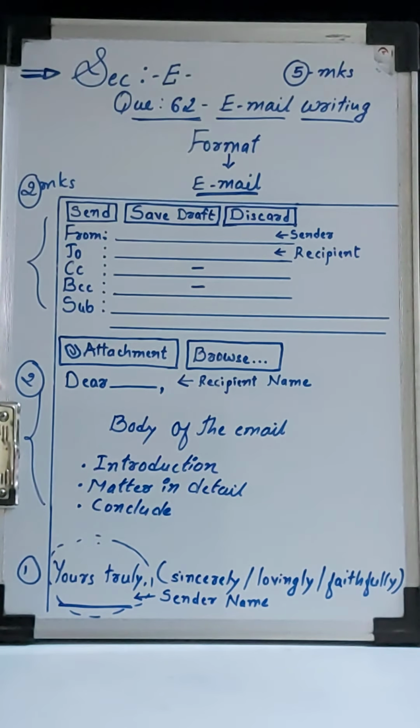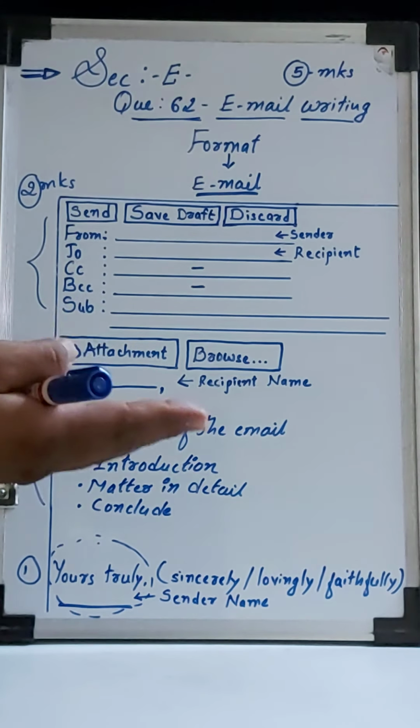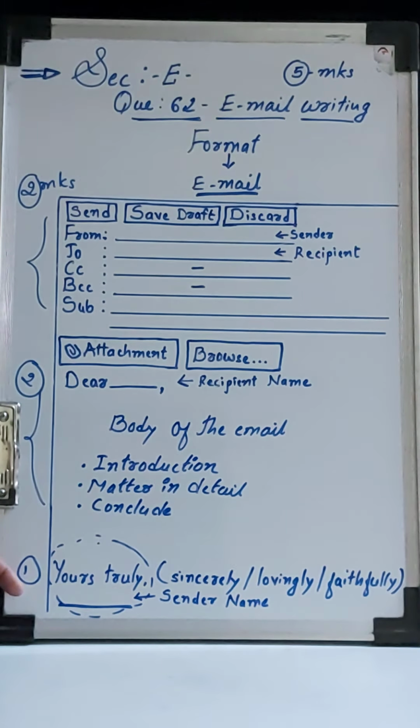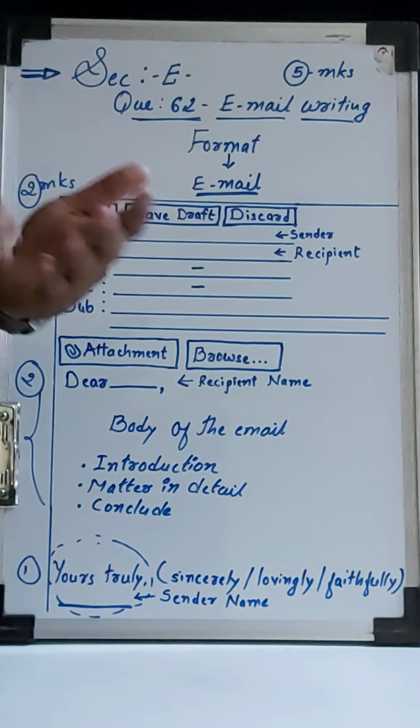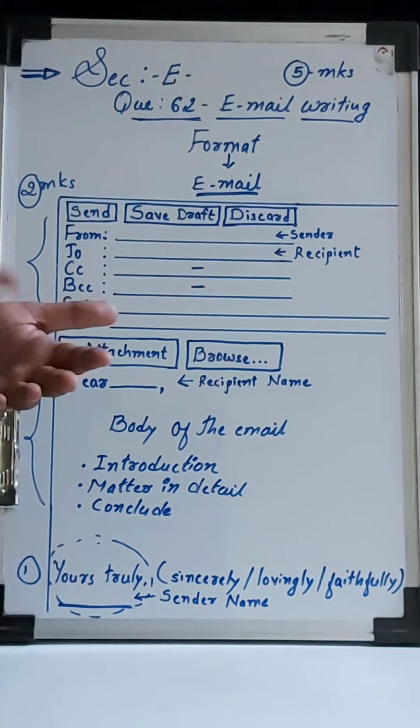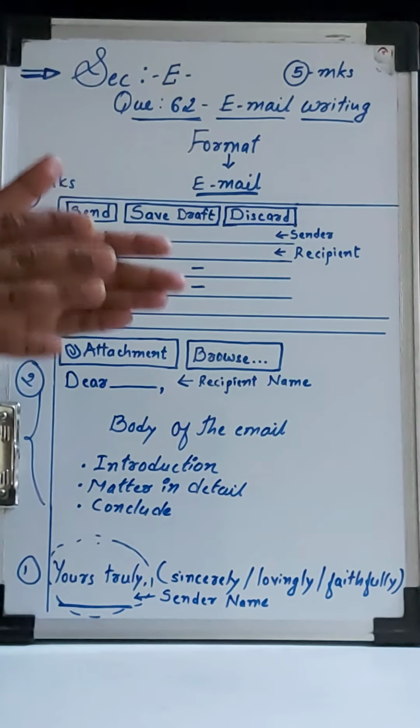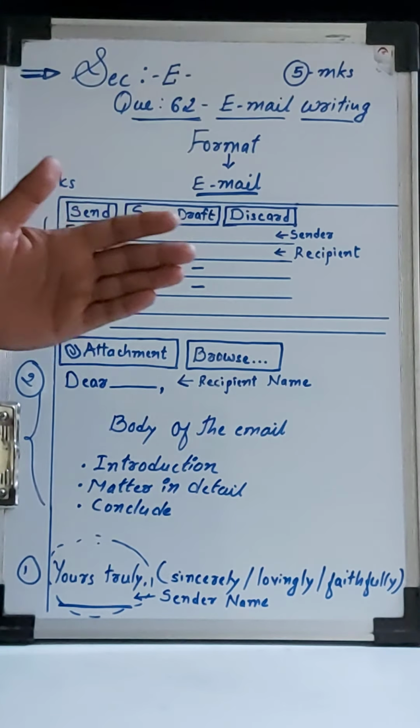If you write the email body properly with the proper salutation, you may be given 1.5 or 2 out of 2. And for the complete complimentary clause, you will be given 1 mark separately. So you can easily score 5 out of 5, or at least a maximum of 4.5 out of 5.